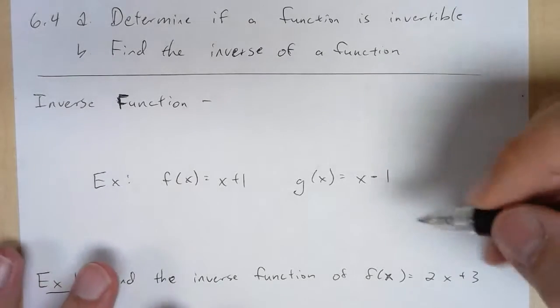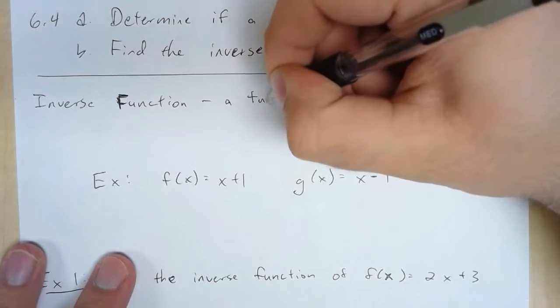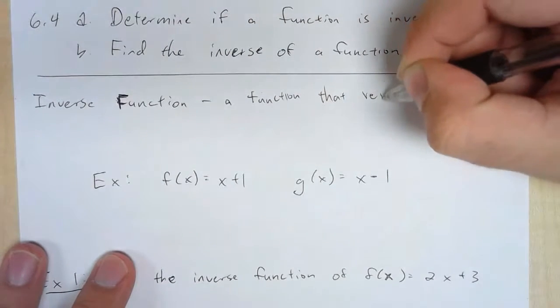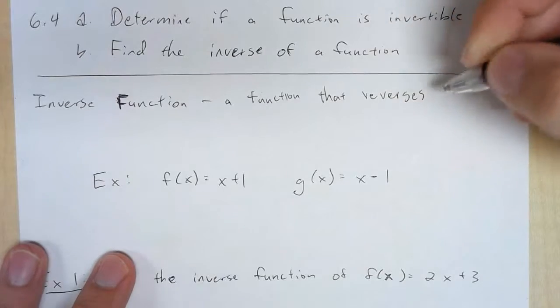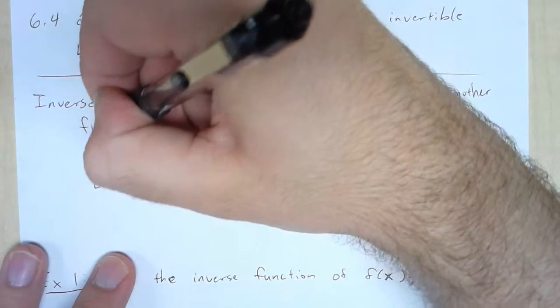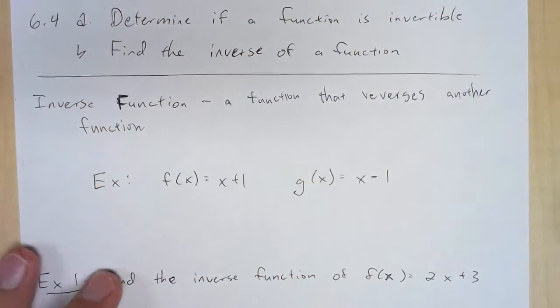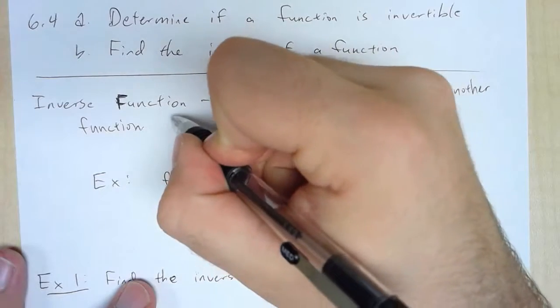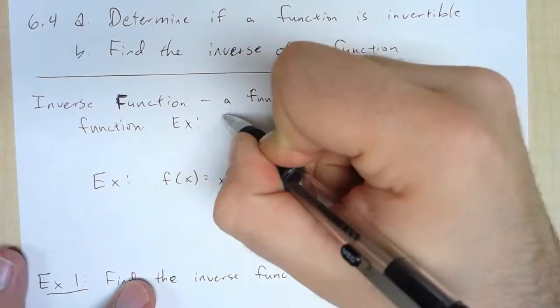The definition of an inverse function is just a function that reverses or undoes another function. And we have some notation. For example, we have f of x.